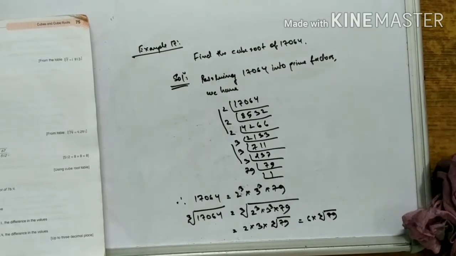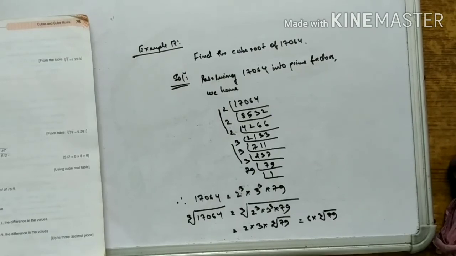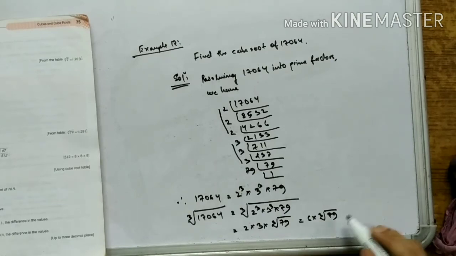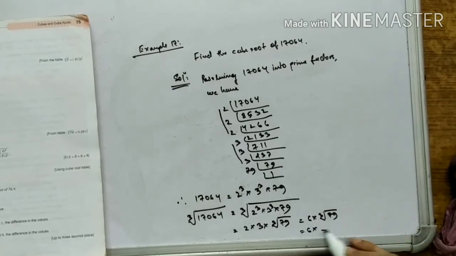Now one thing, in your book the values of cube roots of some numbers were given. That page in my book is missing. If you can send it to my WhatsApp number. From that table you can find the cube root of 79. Something value you will get. So 6 into that value, you multiply it, you will get the cube root of 17064.